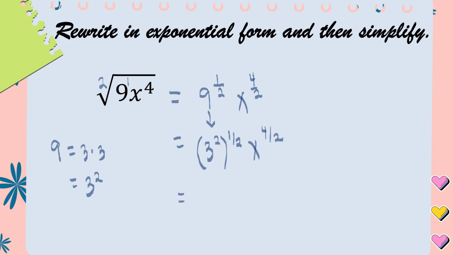And by the power to a power law, 3 raised to 2 raised to 1/2 can be written as 3 raised to 2 times 1/2 is 2 over 2 x raised to 4 over 2. So when we simplify this, 3 raised to 2 over 2 is 3 raised to 1, and x raised to 4 over 2 is x raised to 2. So therefore, the answer is 3x squared.